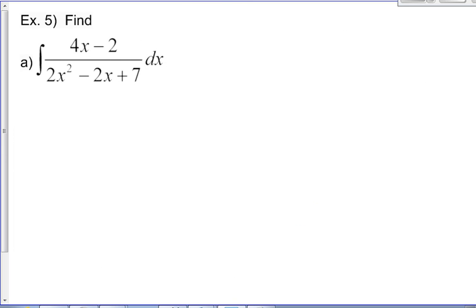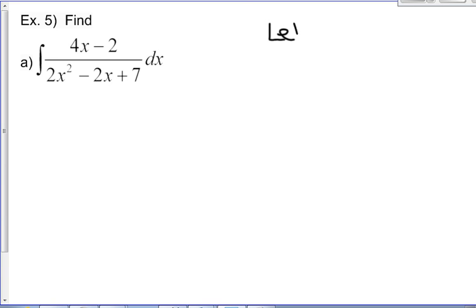Let's try another few to get the hang of it. So here you have a 4x minus 2 on the top, a 2x squared minus 2x plus 7 on the bottom. Ask yourself, which one of those is the derivative of which? Is it that 4x minus 2 is the derivative of 2x squared minus 2x plus 7, or vice versa?